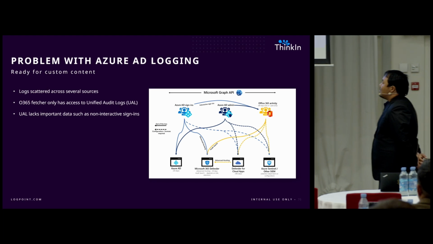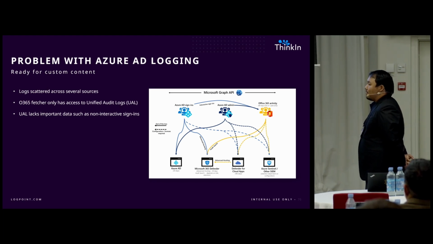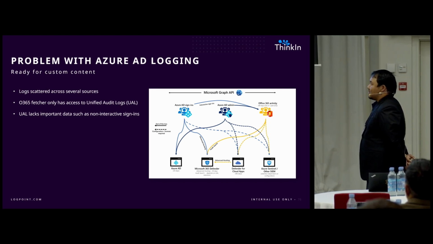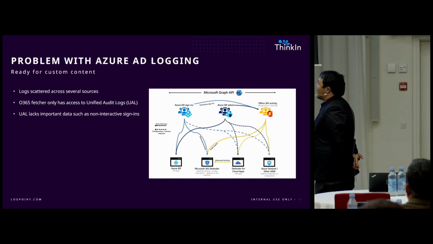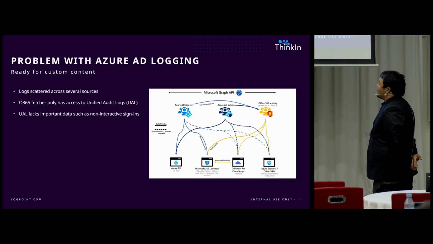So there's one problem when you have Microsoft 365 and Azure AD. The problem is that the data is scattered around multiple data sources. You have Azure AD sign-ins, you have unified audit logs, you have Azure AD admin activity. These are scattered.